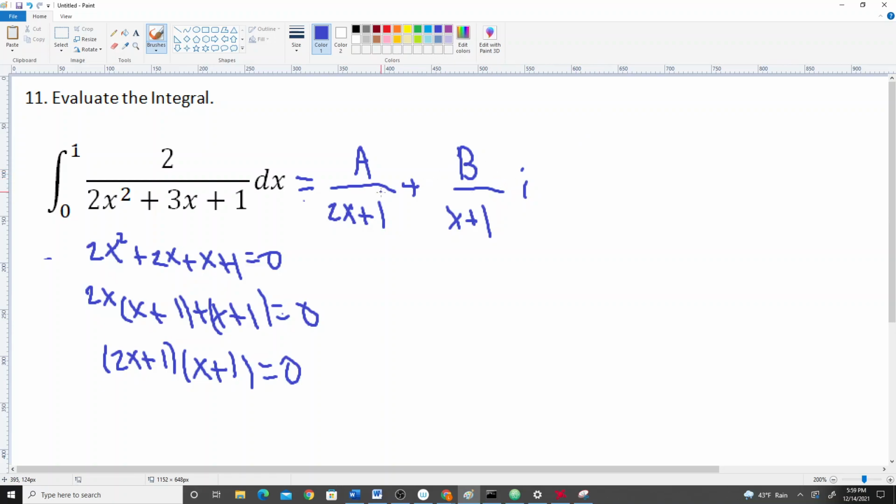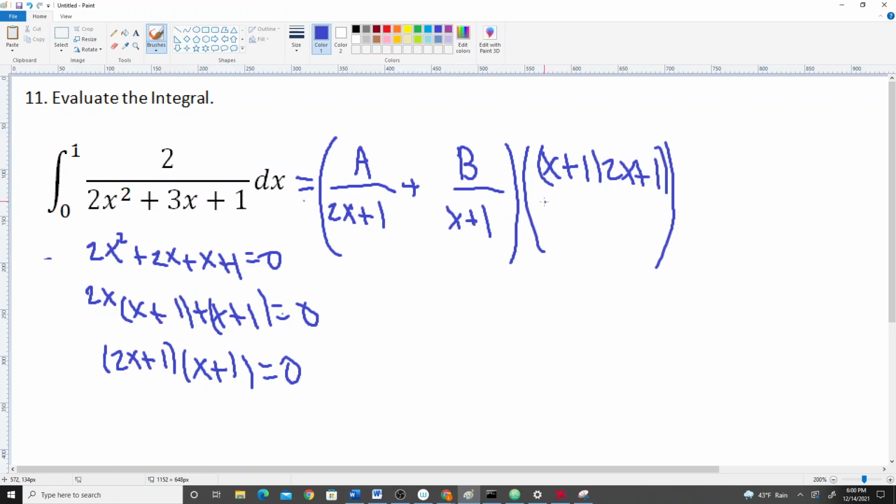All we have to do is multiply the equation by each other's denominators. We're going to be multiplying by x plus 1 and 2x plus 1, and again, this is just to get the common denominator we need.